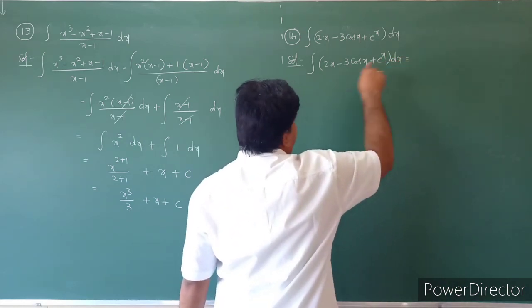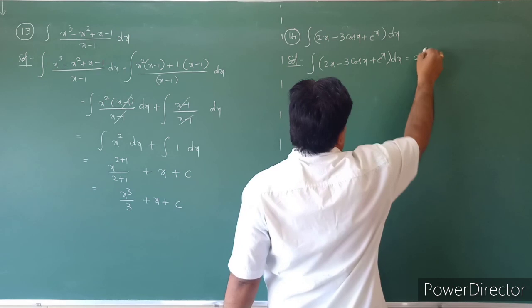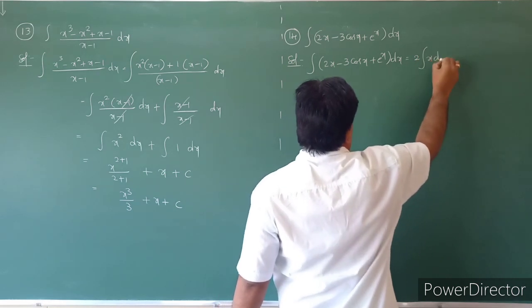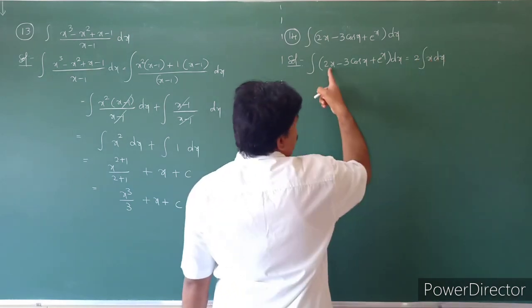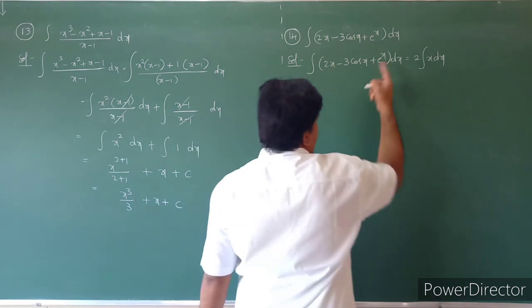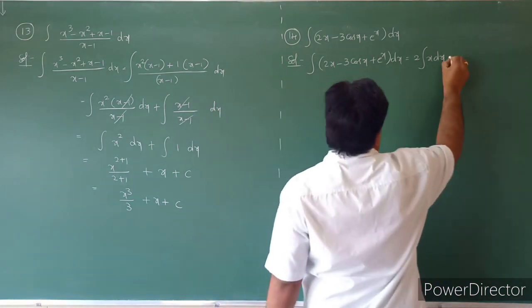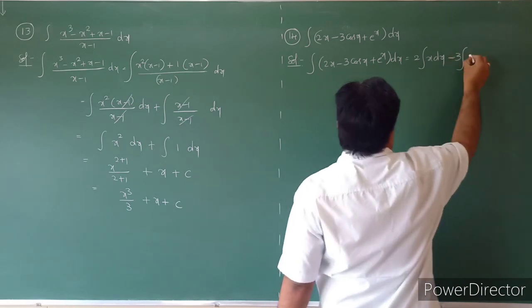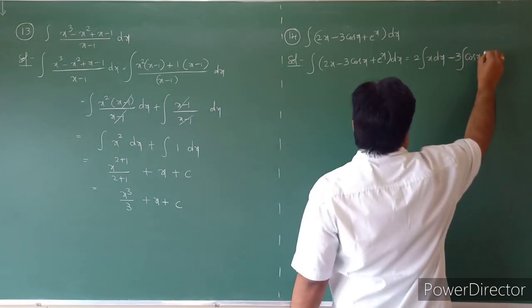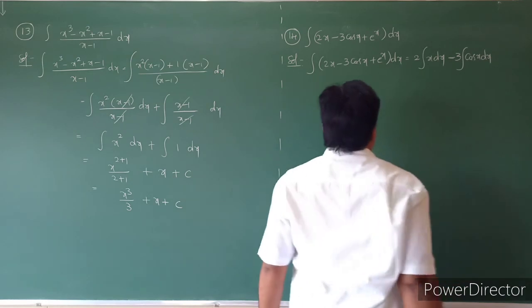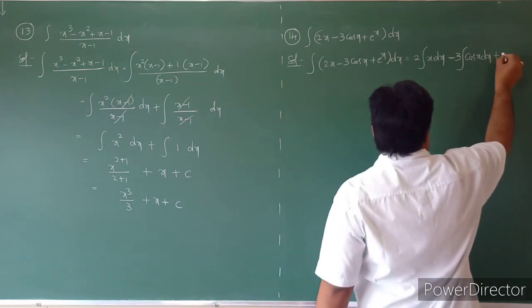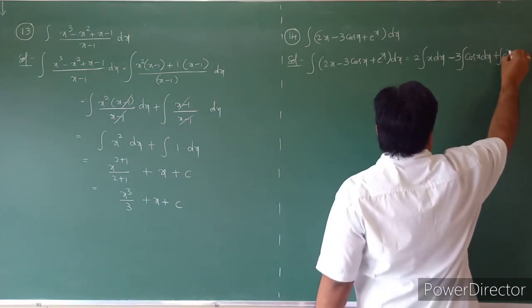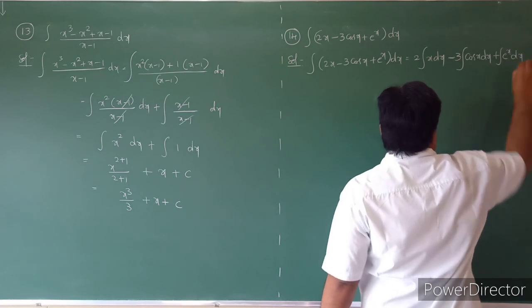So that is equal to, split the terms, 2 into integral of x into dx minus 3 into integral of cos x into dx plus integral of e power x into dx.